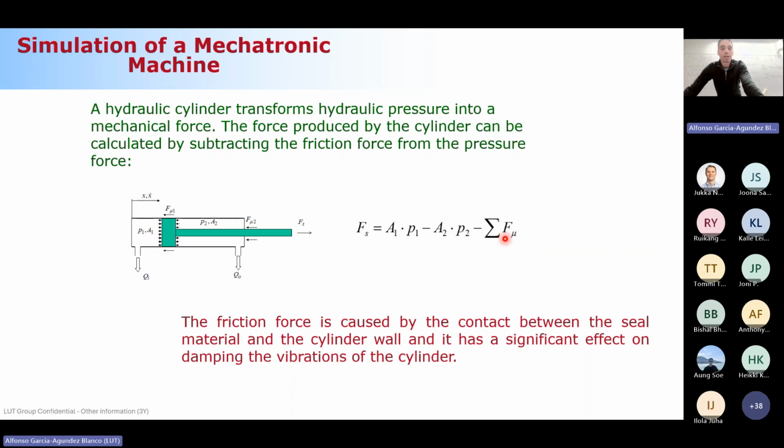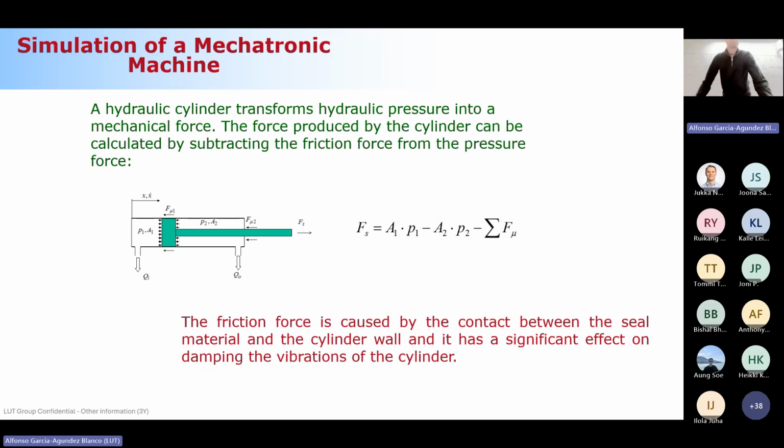And we have to consider an additional term that is very important in hydraulics, which is, do you remember, the friction force. You can see it in this expression as a sum of different forces. Do you know why it is a sum of different forces? The reason is that there are different points where you have friction in this hydraulic cylinder.